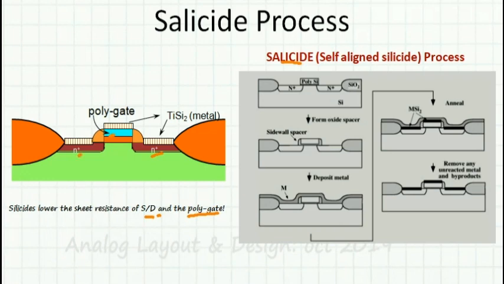Whenever this process is a self-aligned process, then it is called the salicide process. So here you can see the drain, source and the gate are having the silicide layer. That's how the resistance is reduced.